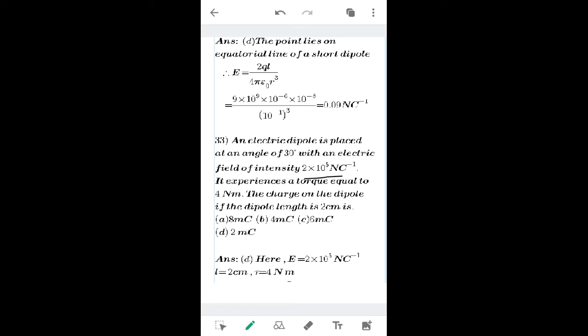Okay, so now let E be the electric field. How much is it given? 2 into 10 raised to 5 Newton per coulomb. Length is 2 centimeter. Tau, the torque, is 4 Newton meter.